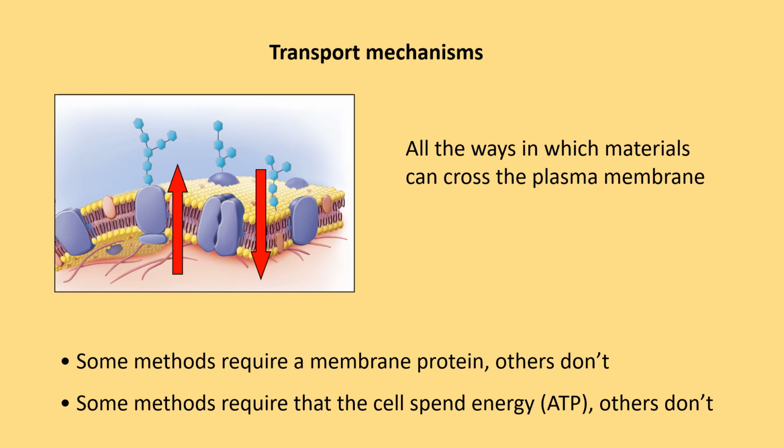And so some materials require a membrane protein to get across and others don't. Some methods of crossing the membrane require the cell to spend ATP, so the cell might have to spend energy, and other methods do not require the cell to spend ATP or energy.